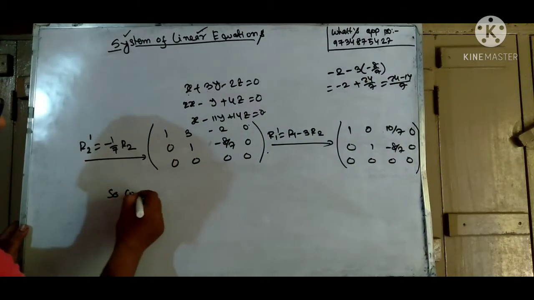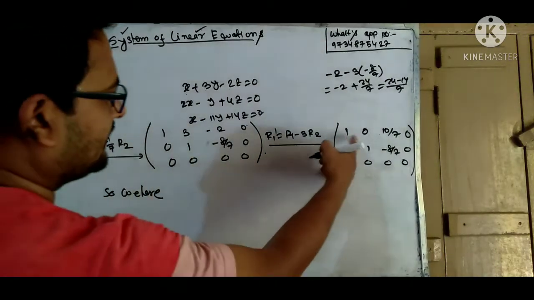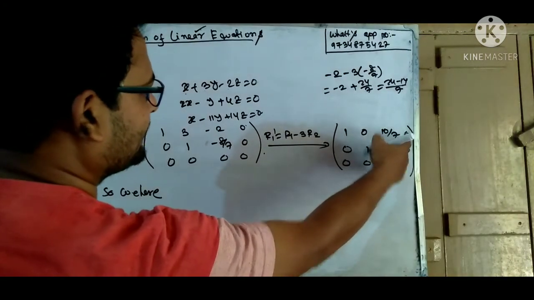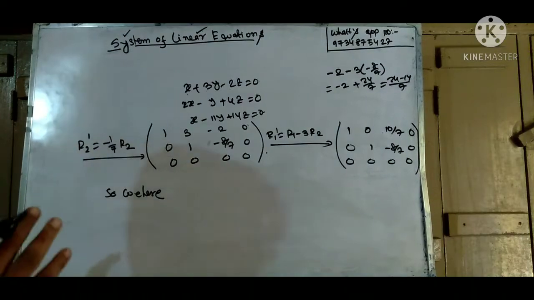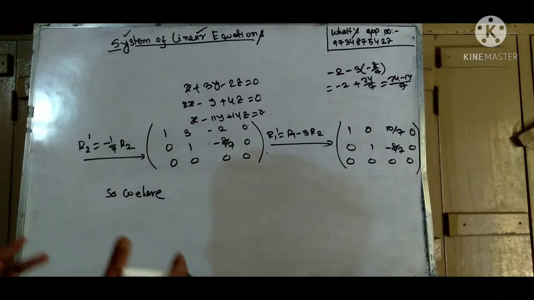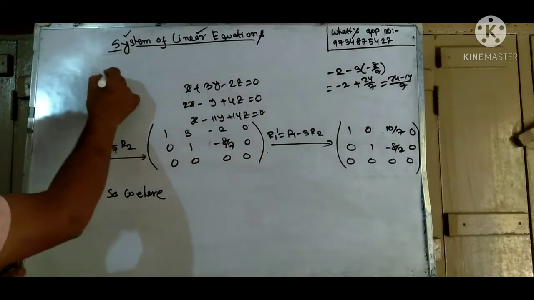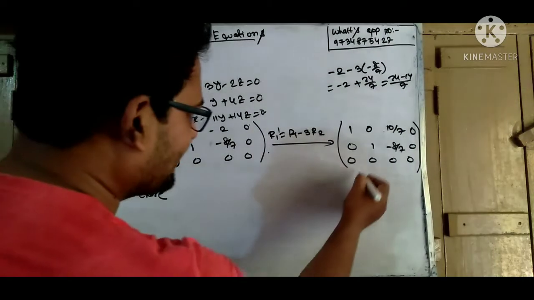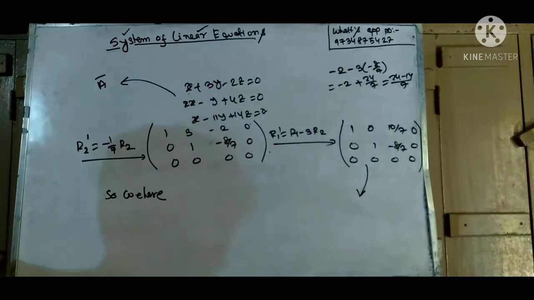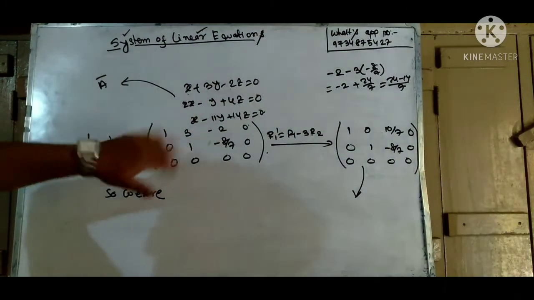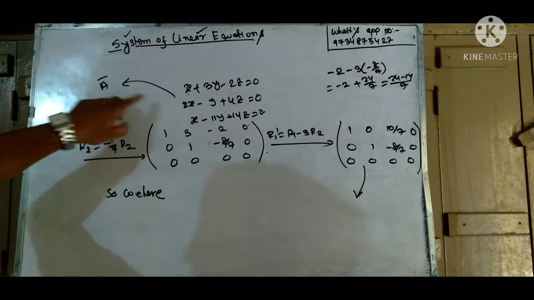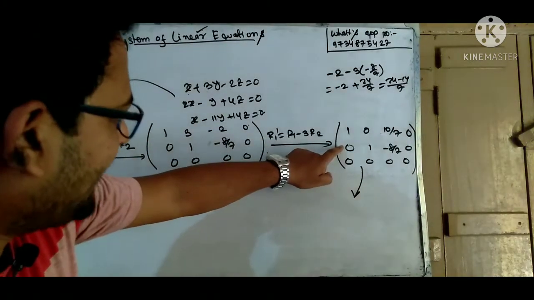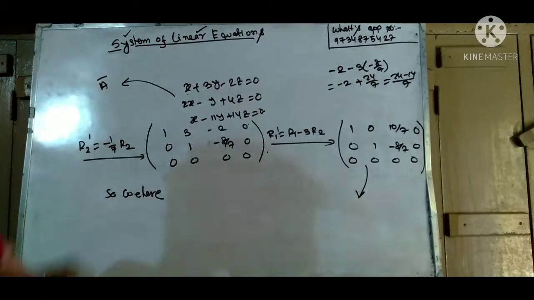So we have this multiplied by x, this by y, this by z is equal to 0. Now previously we wrote the augmented matrix from the system of linear equations. Now we will write the system of linear equations from this reduced form. Here we will write from matrix to system of linear equations, the reverse method.